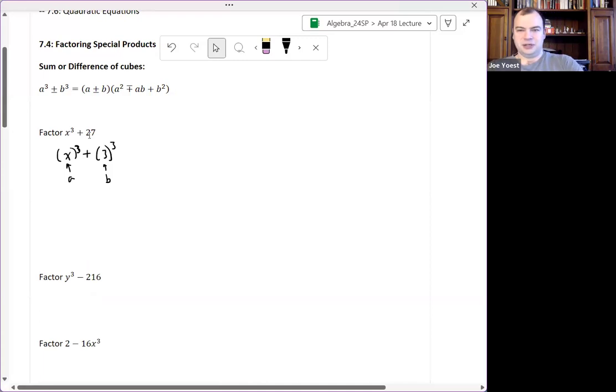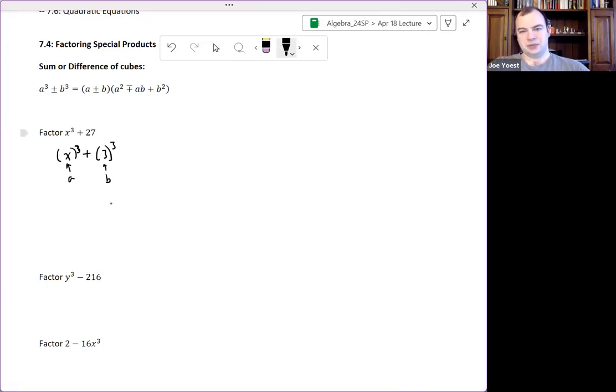Again, I suppose I could just plug into the formula up here, but let's think through this. We know that for the sum of two cubes, the sum of the bases factors out. So I know that x cubed plus 27 is going to be x plus 3 times something.